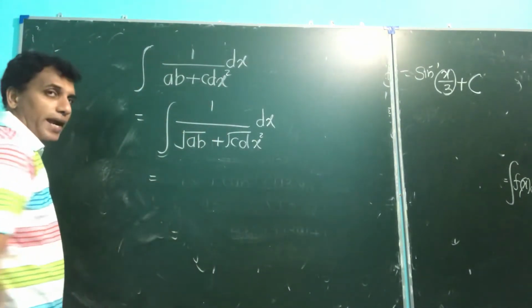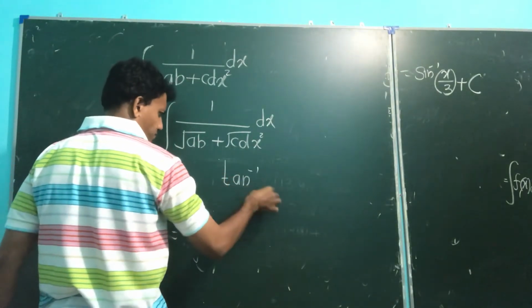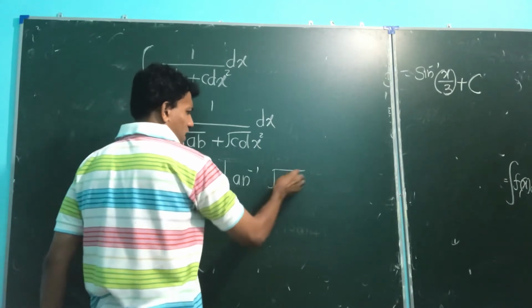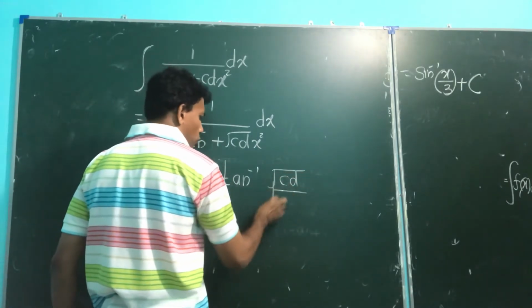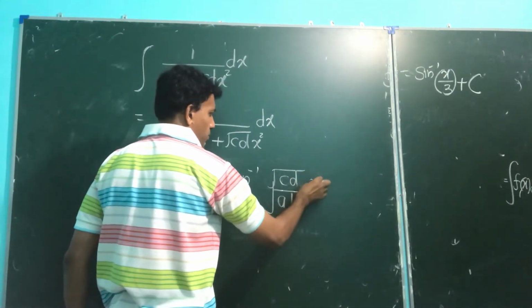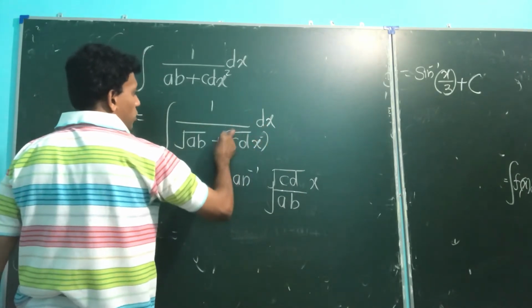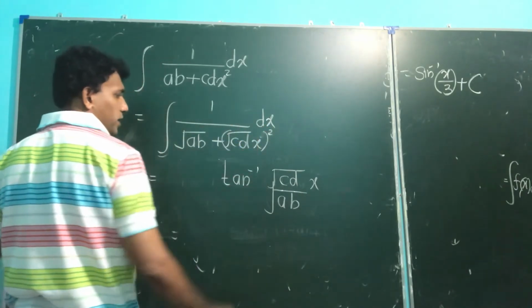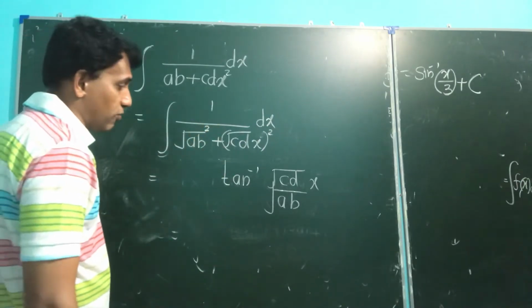So what is the answer? Tan inverse of x over a. Here completely square, the term with x all square, and here also square, a square plus x square form.